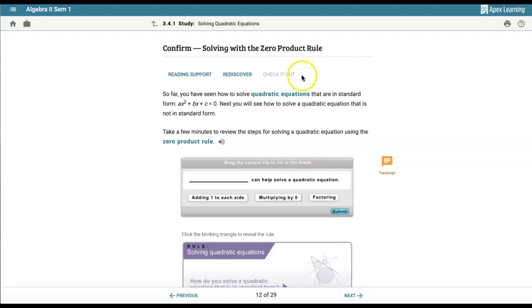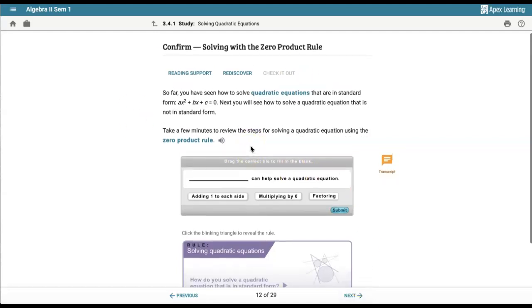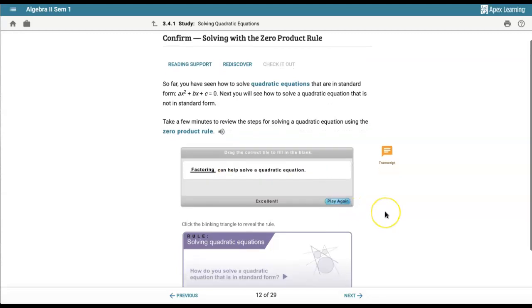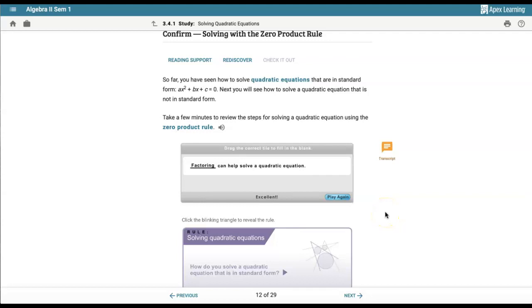So this is the last couple of slides here for the zero product rule. Factoring can help solve a quadratic equation, getting those smaller factors. So taking it from ax squared plus bx plus c to quantity rx plus or minus p times sx plus or minus q.